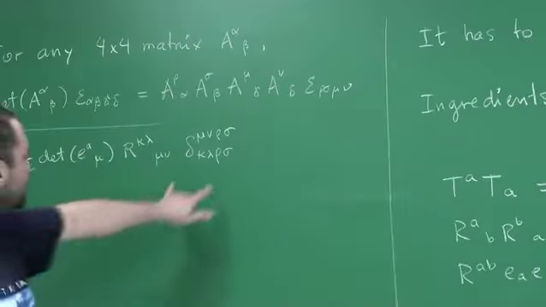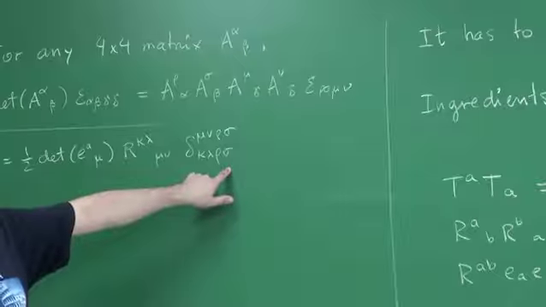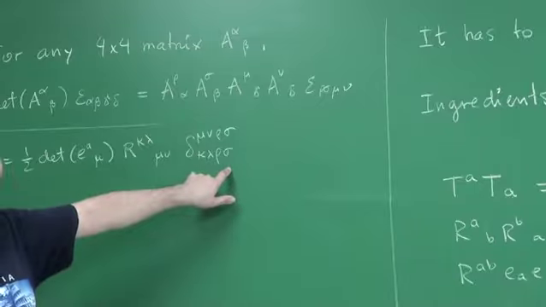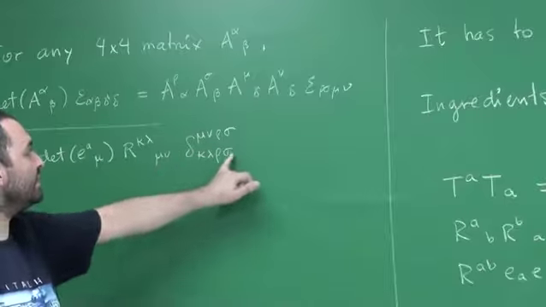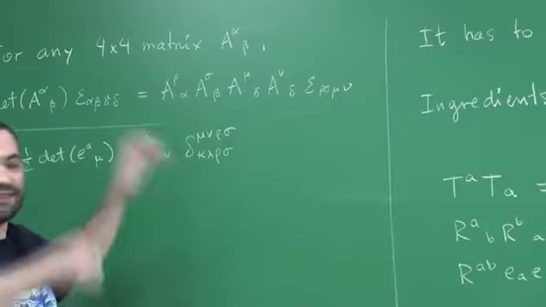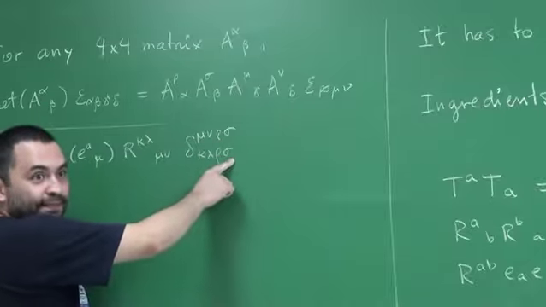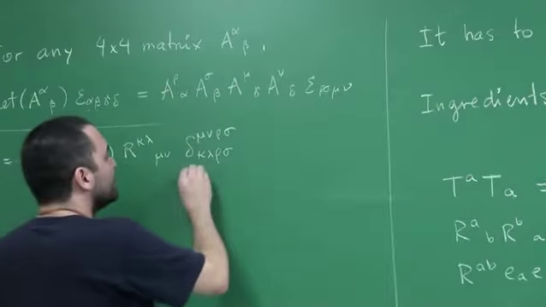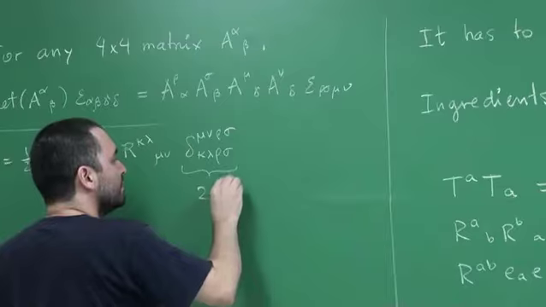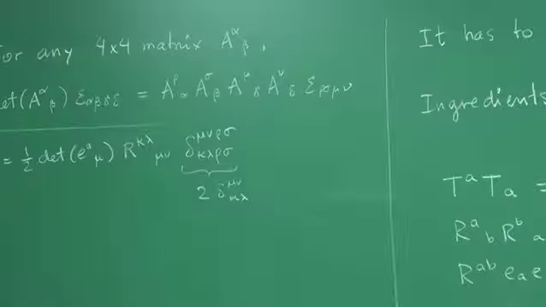Have you met this generalized Kronecker delta before? Yes? It's completely antisymmetric in all the upper indices and in all the lower indices. And it satisfies a lot of identities. For instance, here you have rho sigma, rho sigma. So you can show, I will not do it, that this is 2 times this.